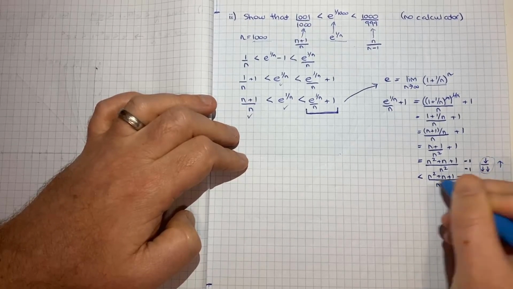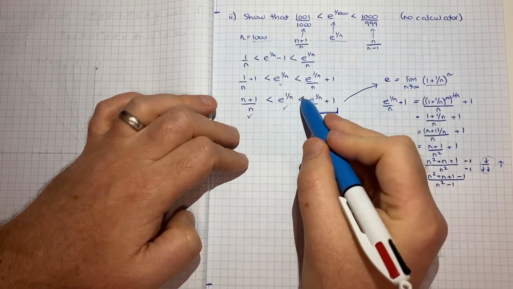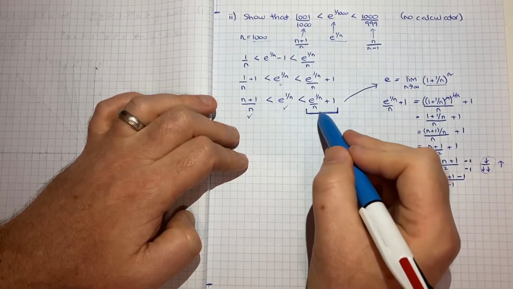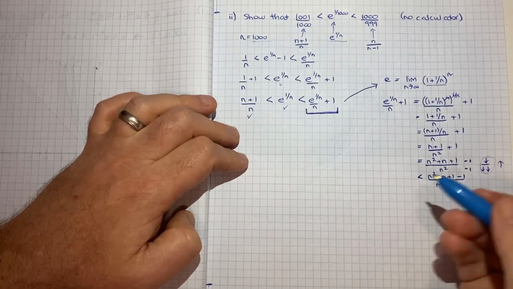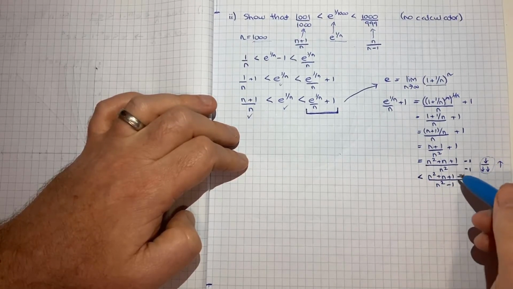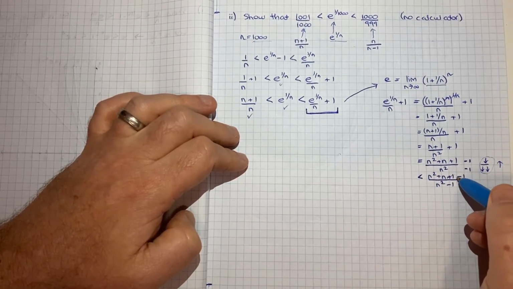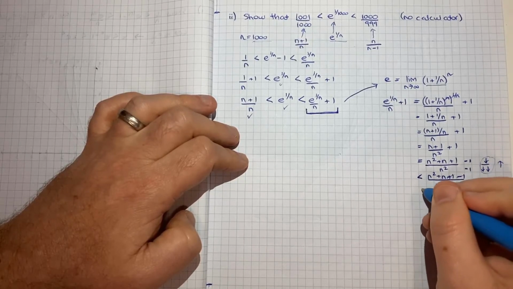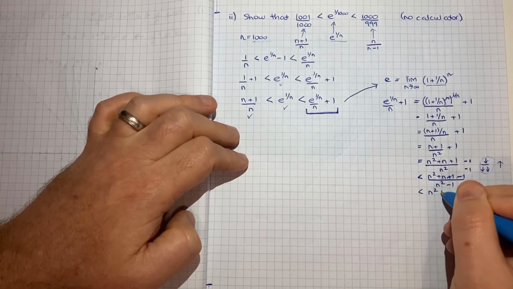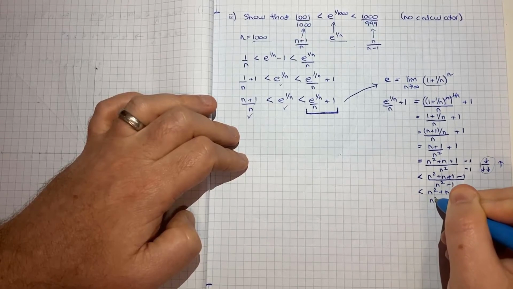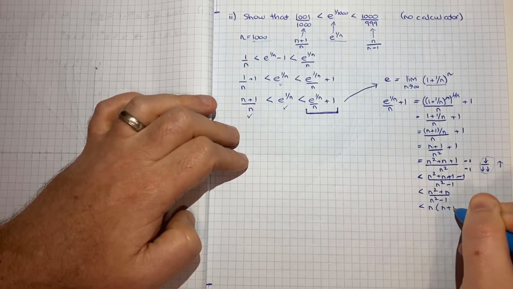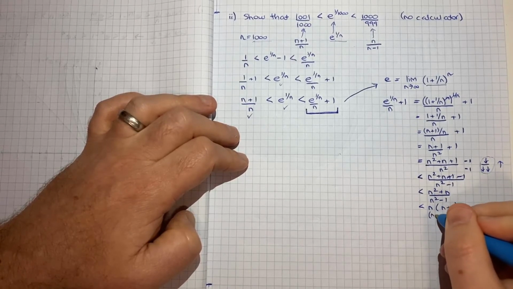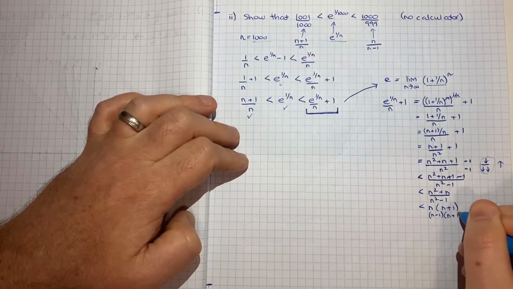So I've brought an inequality in, and because I'm dealing with an inequality anyway, if I can put something here that's higher, the inequality still holds true. That's what I'm working with. Now that I've done that, I can get rid of those plus 1s, which gives us (n² + n)/(n² - 1), which gives us (n+1)/((n-1)(n+1)).